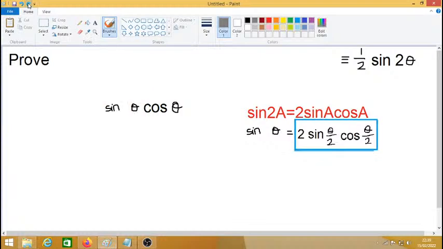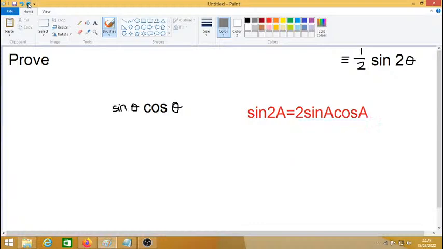So now you've got a much easier thing to deal with, but still a bit more simplifying to do. Sine theta cos theta still looks like the sine 2a formula is going to help. This time the a would be theta. So then the right hand side looks very much like it, but the 2's in the way.